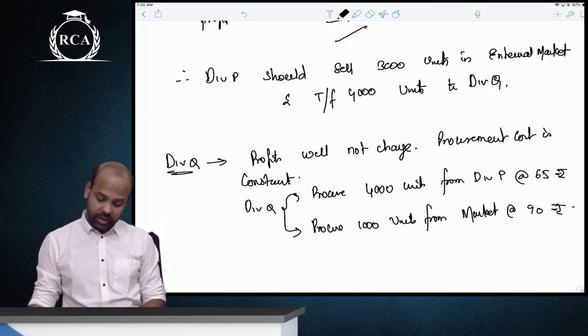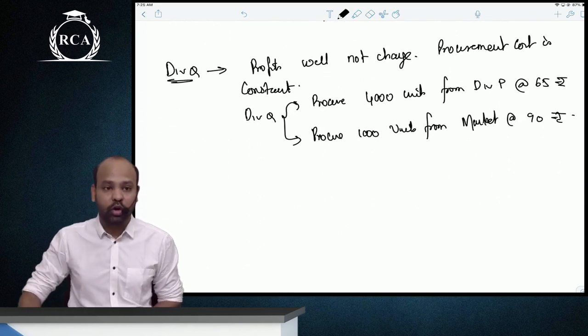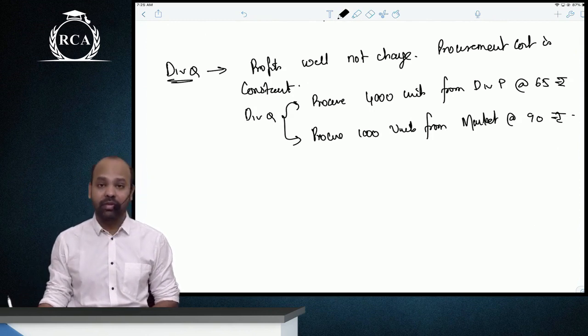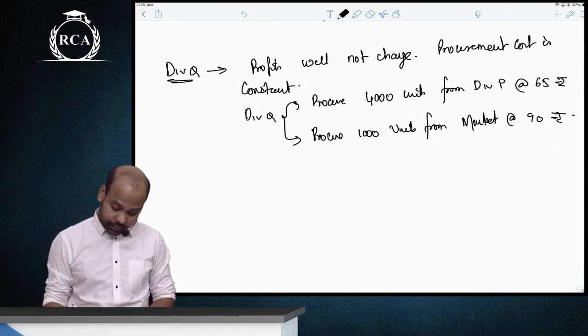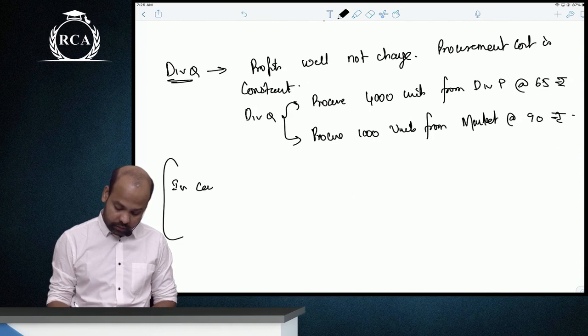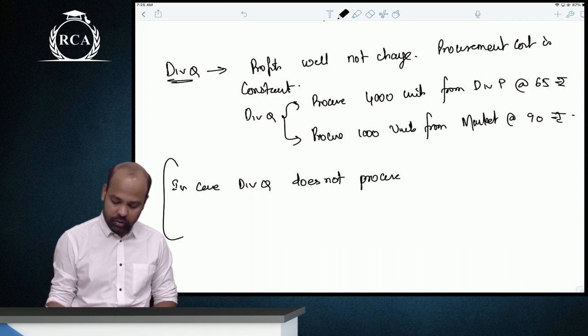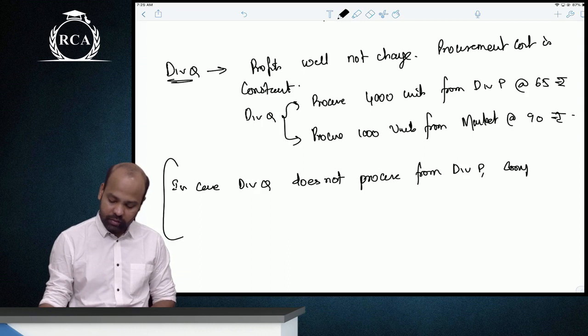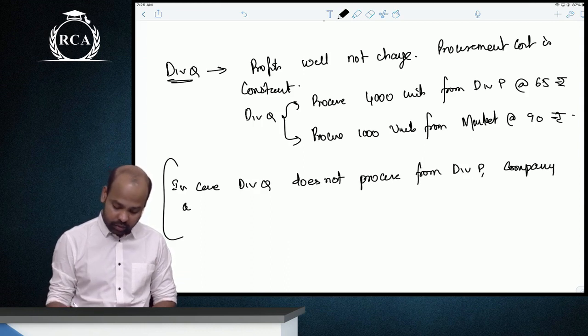Understood? In case division Q does not procure from division P at 65 rupees, the company as a whole will lose 5 rupees.